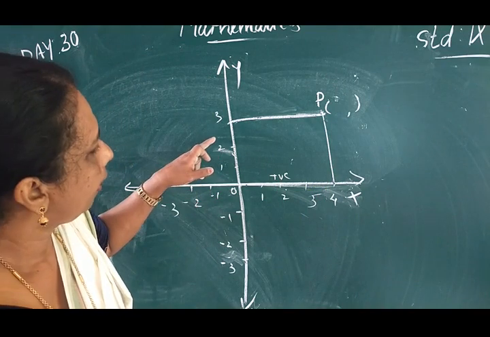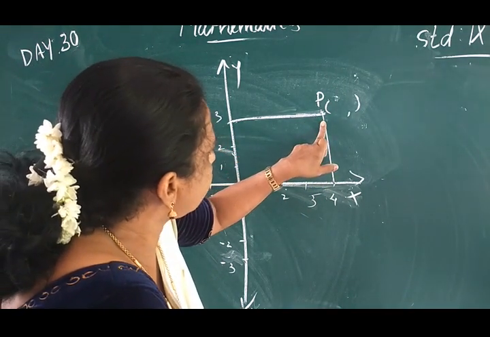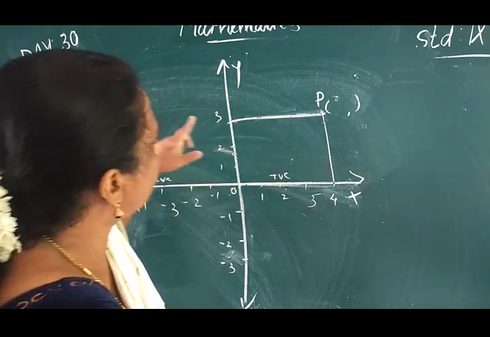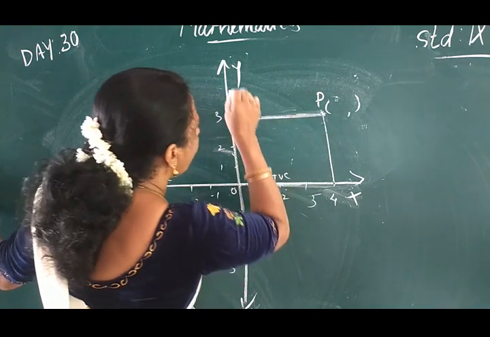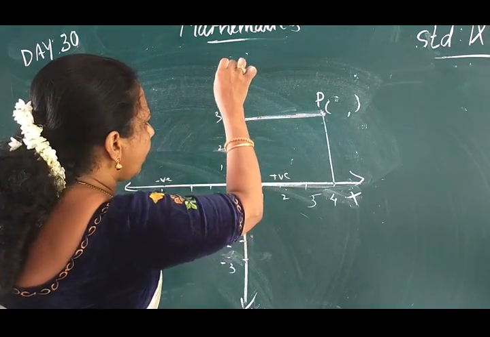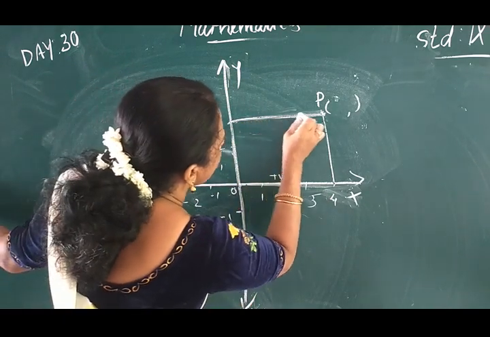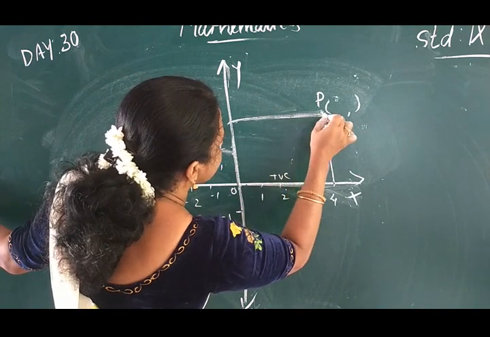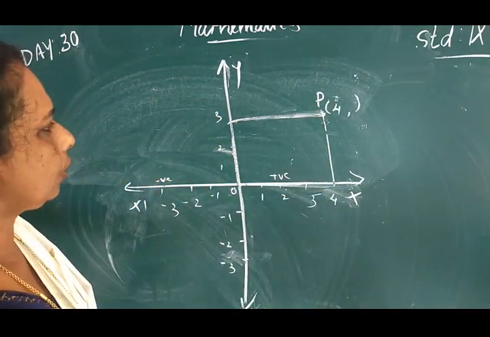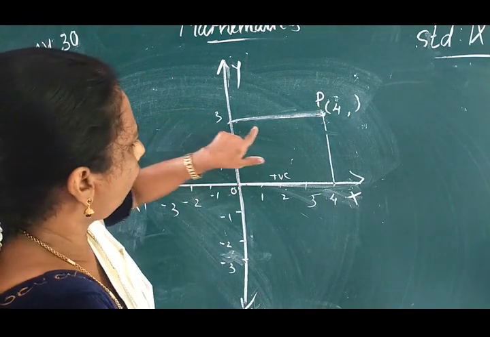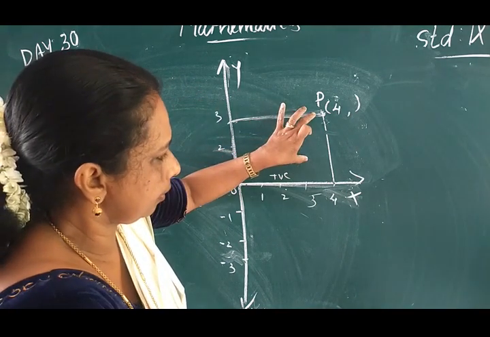Then what is the exact position of this point P? This point P is 4 units away from the y-axis.